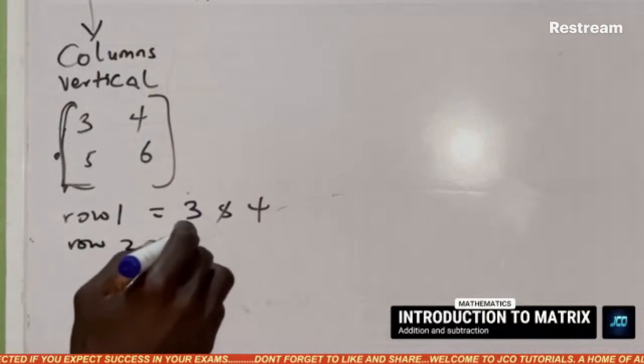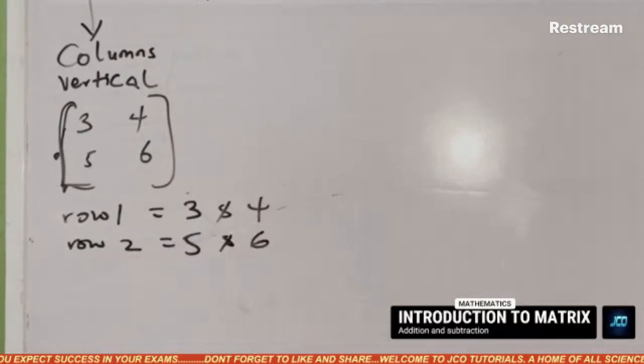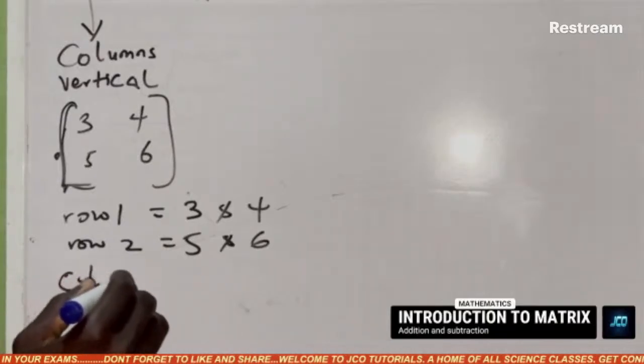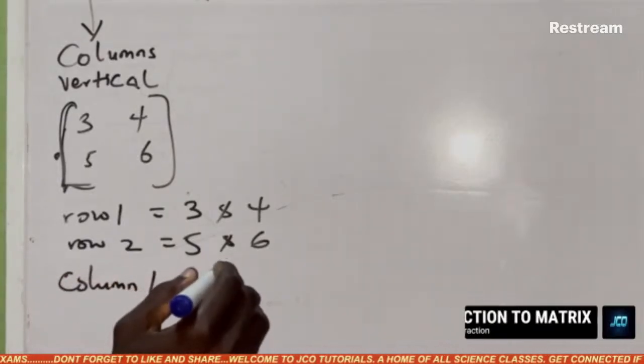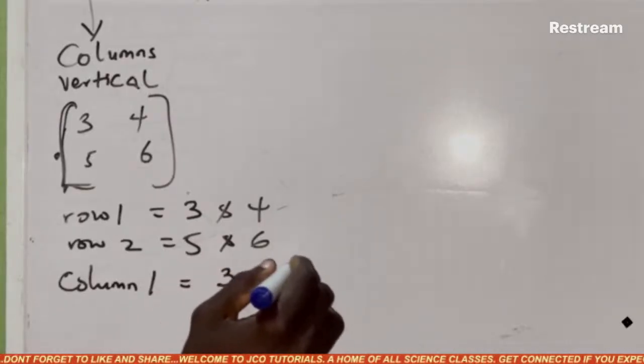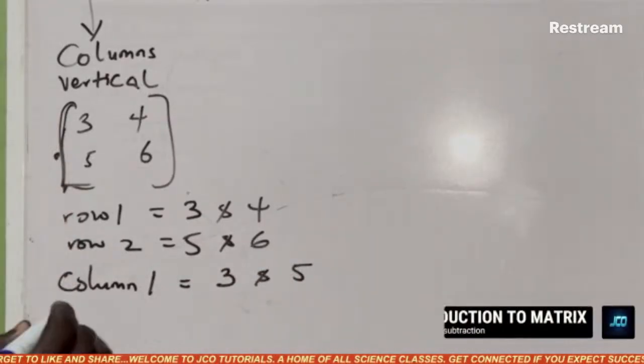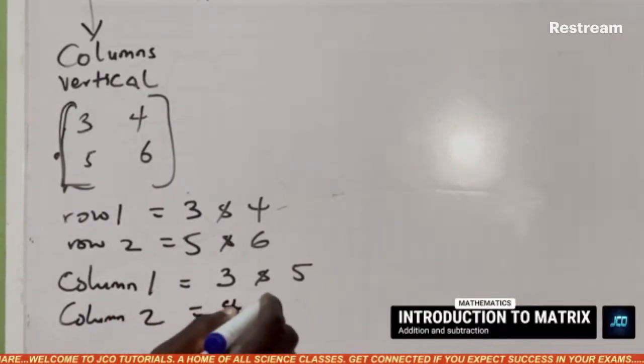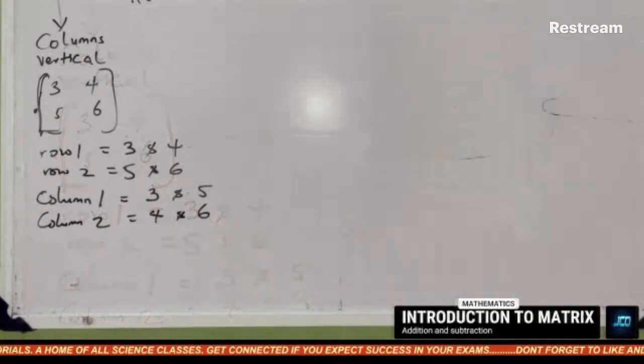Row 2 is 5 and 6. Meanwhile, column 1 is 3 and 5. That's this first column. Column 2 is what? 4 and 6. So these are the very important things you must understand in matrix: the rows, the columns.